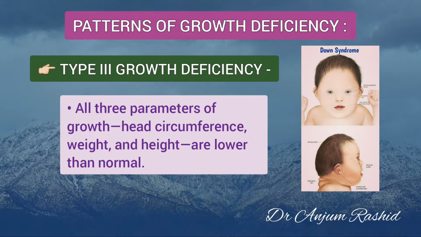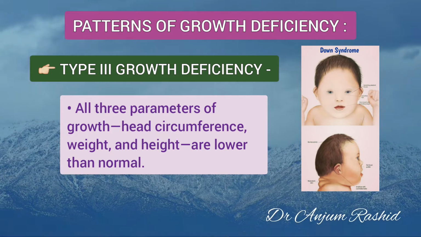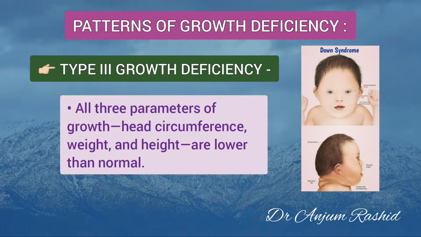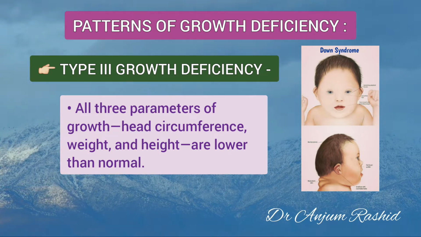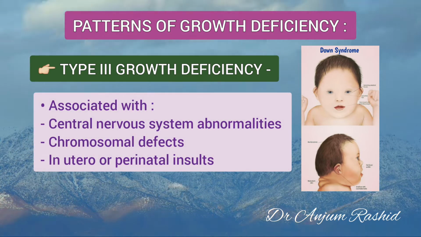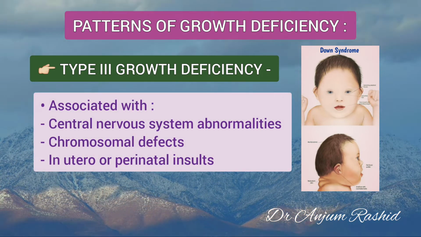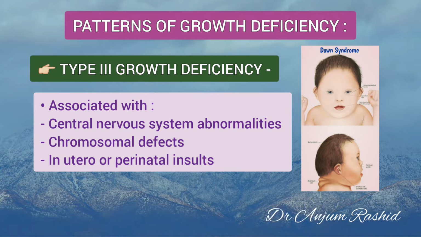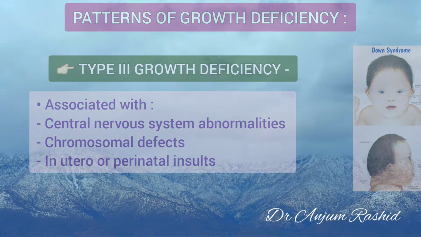Now, third type is type 3 growth deficiency. In this type, all 3 parameters of growth, that is head circumference, weight and height, are lower than normal. This pattern is associated with central nervous system abnormalities, chromosomal defects, or in utero or perinatal insults.